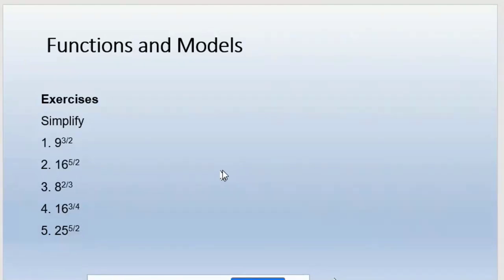Is your answer 64 for number 4? Yes. Okay. Number 5, Emmanuel. The square root of 25 is 5. 5 to the 5.